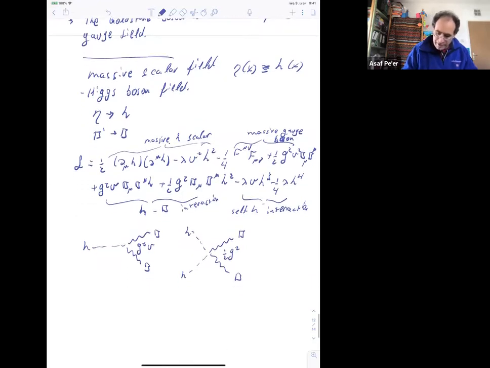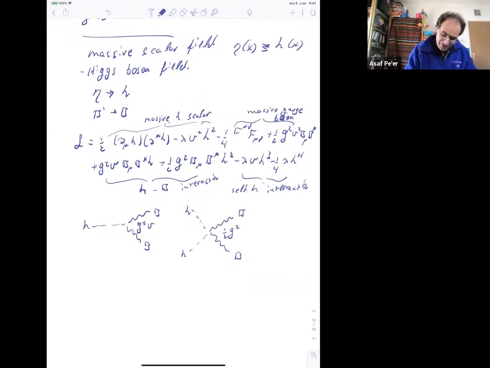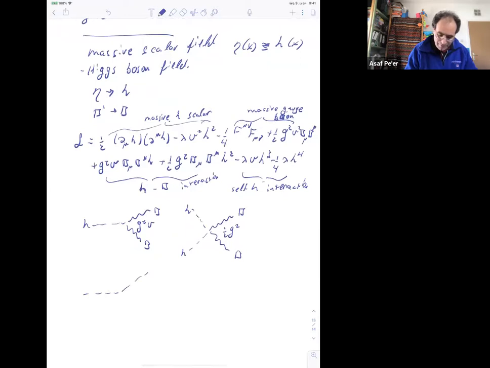And then we have the self-H interactions, right? So we have the H 3-point vertex, and then the 4-point vertex, H with coupling of 1/4 of lambda.